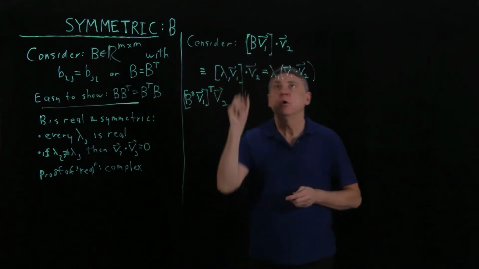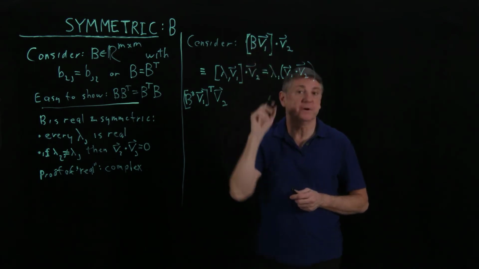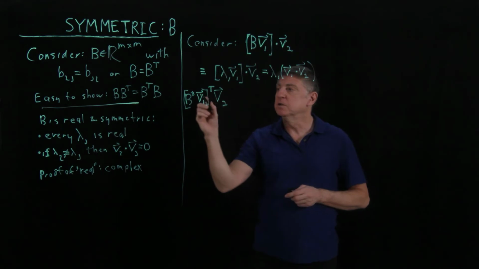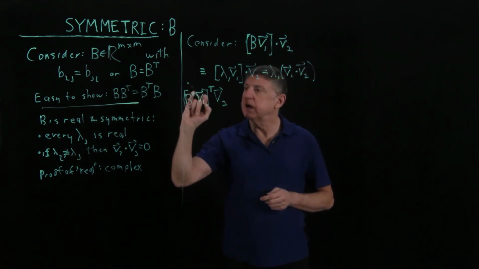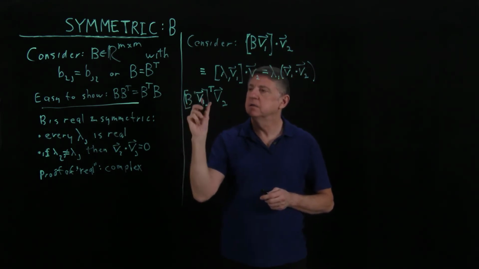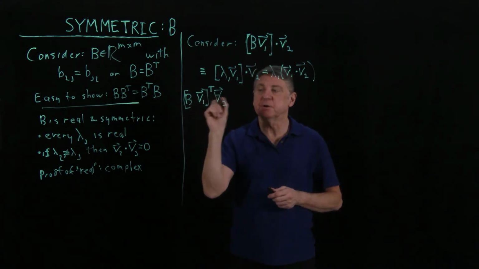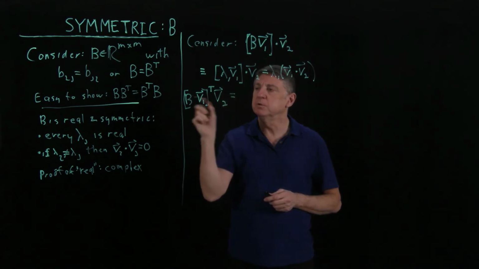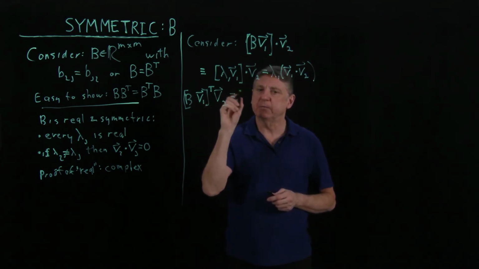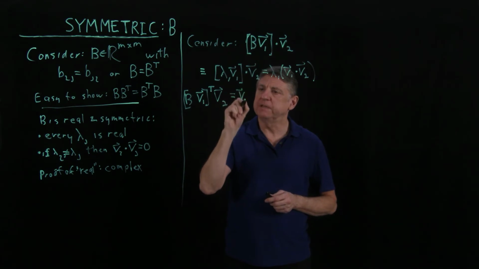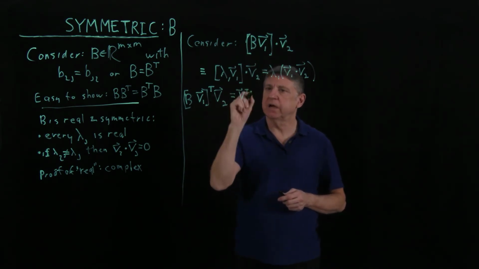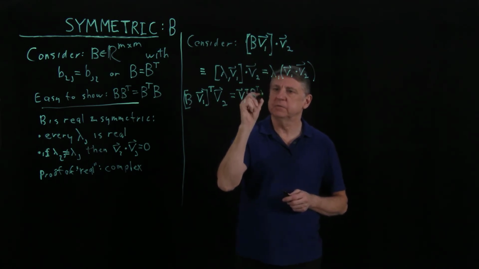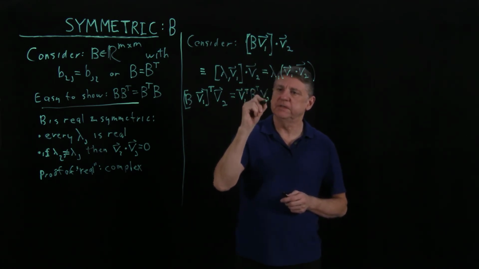How can I do that? Well, it's this identity that we'll very frequently use, which is that a dot product can be replaced by a transpose. So what I can do is I can take this vector and I could transpose it and multiply it. So using the rule of transposes, that would equal V1 transpose times B transpose times V2.